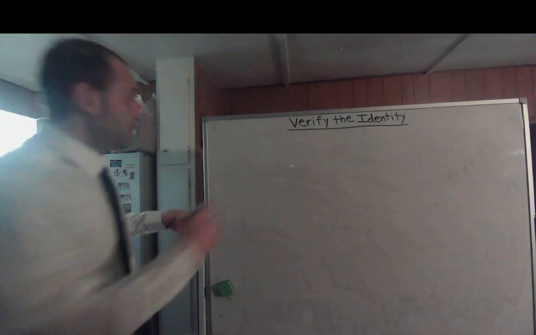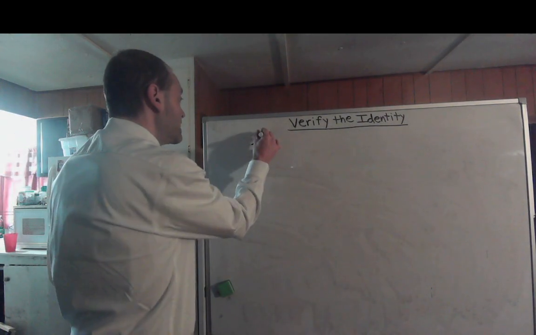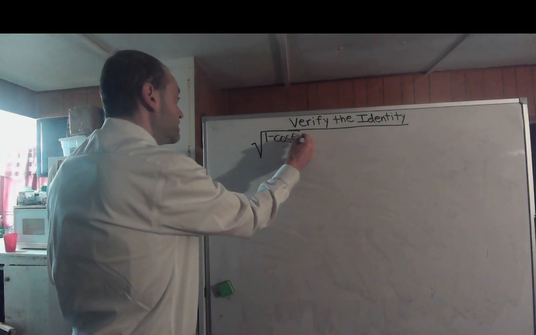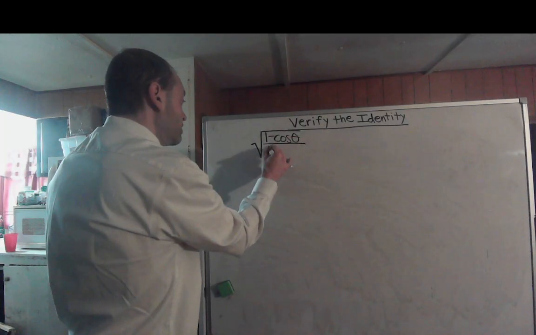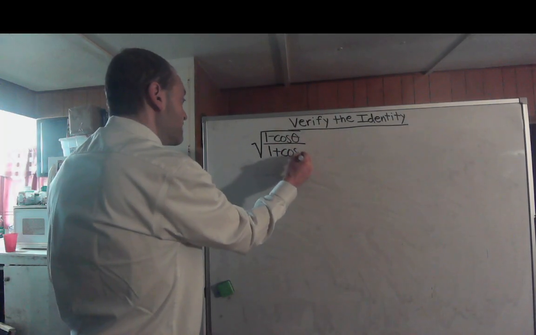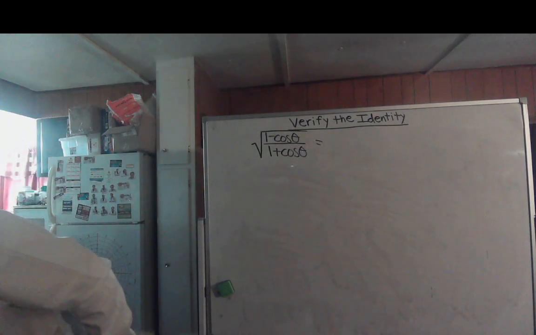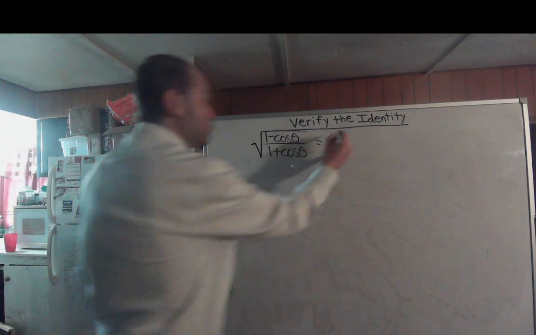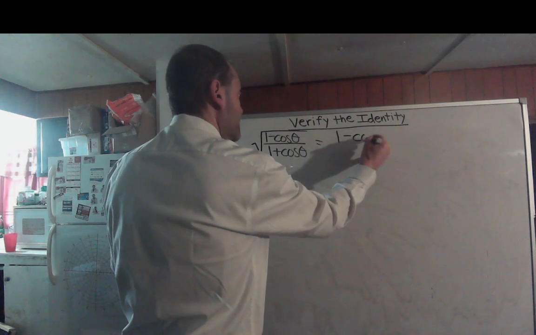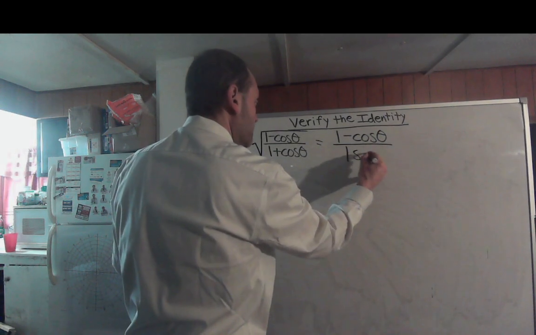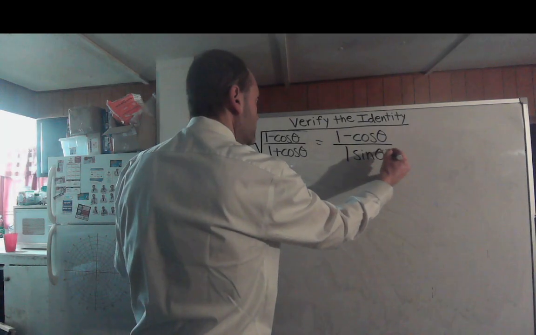Alright, let's see. We have the square root of 1 minus the cosine of theta all over 1 plus the cosine of theta. We are being asked to verify that that is equal to 1 minus the cosine of theta all over the absolute value of the sine of theta.